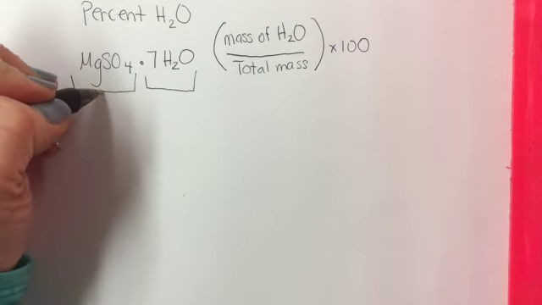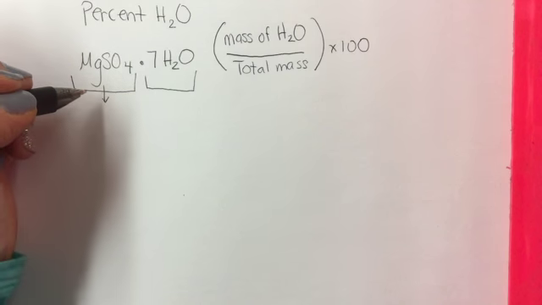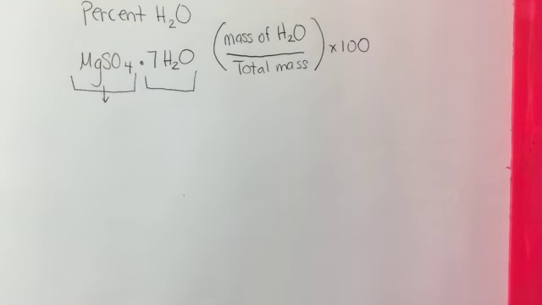To make this a little faster, we're going to look at MgSO4 as a whole first. I'm not going to go through how to find the mass of MgSO4 separately. You've already done that. It's just the molar mass. So we want to find the molar mass of MgSO4, or magnesium sulfate.